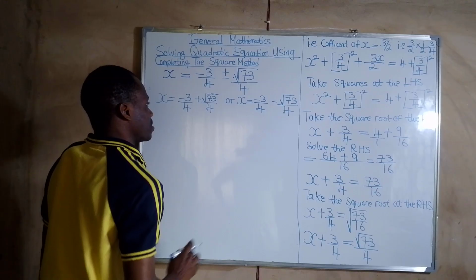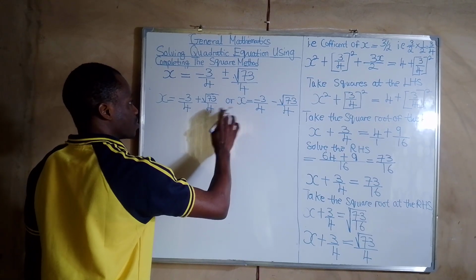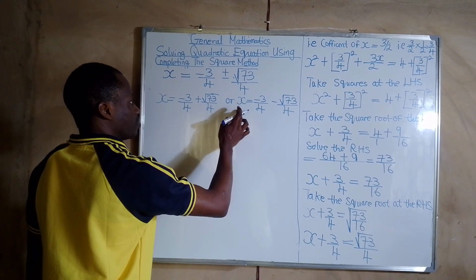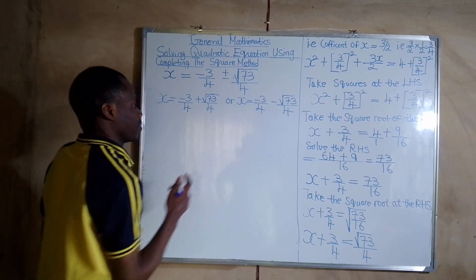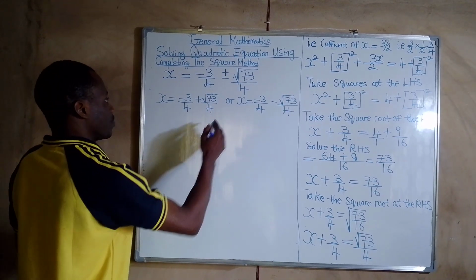Are you getting that? If you don't want to write this, you can just say, but it's more preferable, or you can say, or equal to, whichever one.